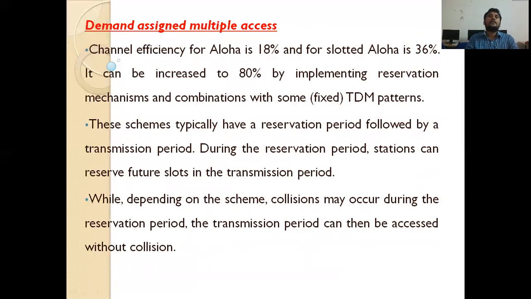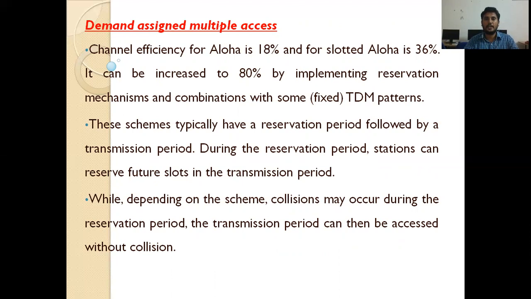Next one is demand assigned multiple access. The channel efficiency for classical Aloha is 18% and for slotted Aloha is 36%. It can be increased to 80% by implementing a reservation mechanism in combination with some fixed TDM patterns.